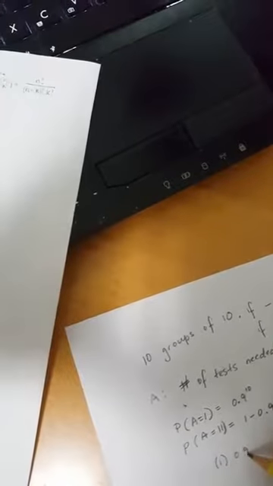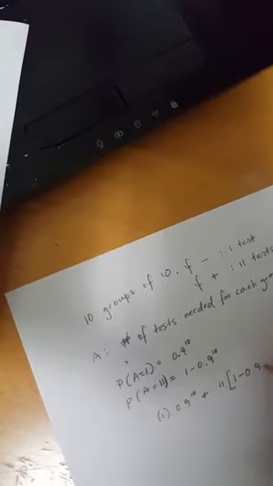So when we're talking about the average number of tests we are evaluating for one group, we have 1 times the probability of A equals 1, which is 0.9 to the 10th, plus 11 times 1 minus 0.9 to the 10th.